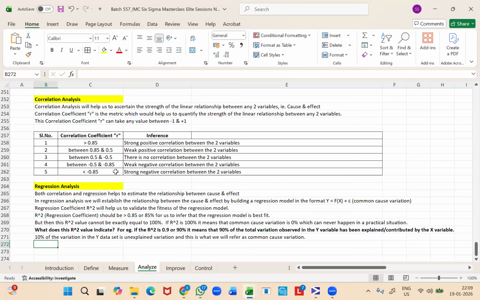And we would have arrived at the baseline performance of the CTQ metric and the baseline sigma level at the end of the measure phase. Only in the analyze phase will we shift our focus towards identification of causes and root causes. Hence, we start with brainstorming for causes.